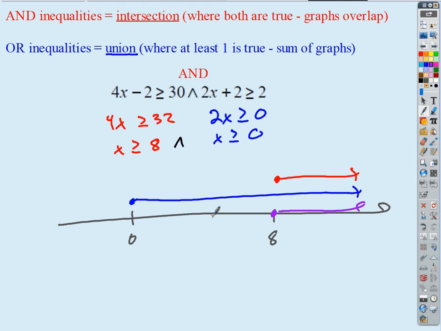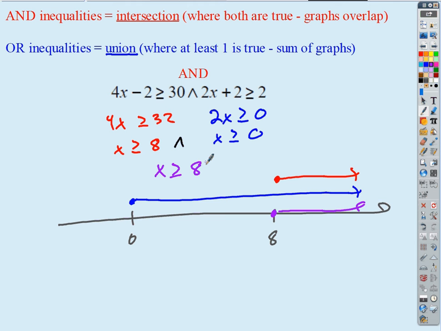False, because it's not greater than or equal to 8, right? And implies everything has to be true, right? Let's pick 10. 10 is greater than or equal to 8, and 10 is greater than or equal to 0. That's true, isn't it? Both of those statements are true, so it makes sense that 10 would be in the purple region as part of our solution. So we end up with the solution x is greater than or equal to 8 in this case, right?